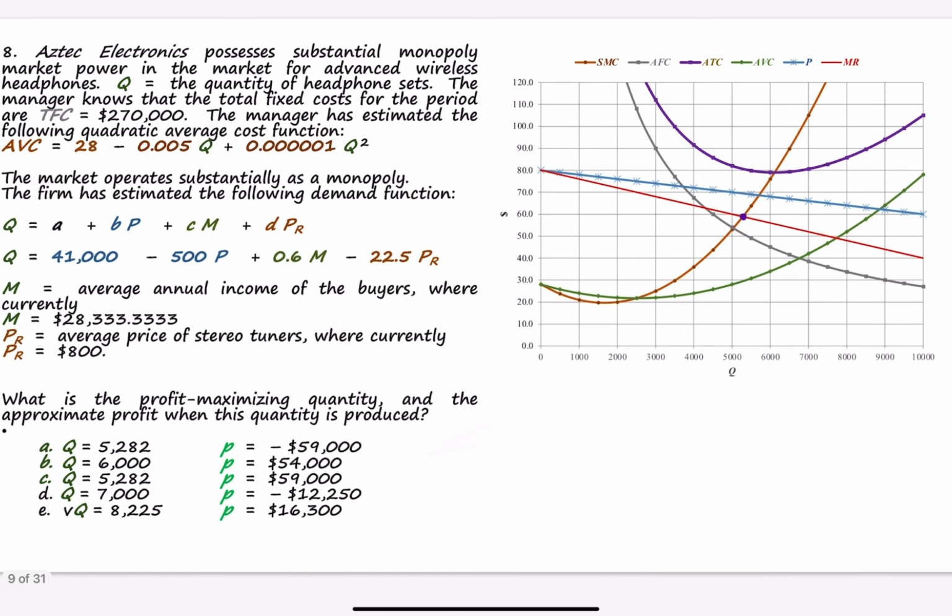So the next one, since I did the last one with complete math, I'm just going to walk through the logic of what I would do instead of trying to show even more math. What is the profit maximizing quantity and approximate profit when this is produced? So we're looking for where marginal revenue equals marginal cost.